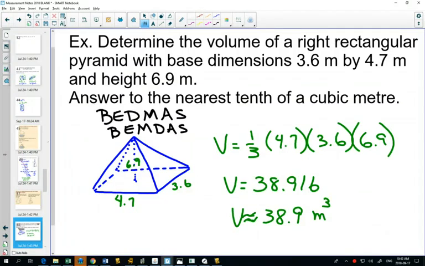Or it could have been BEDMSA, because adding and subtracting doesn't matter either. So we could have had BEMDSA. But that doesn't roll as nicely off the tip of your tongue, right? So the multiplying, dividing, adding, and subtracting could happen either way.